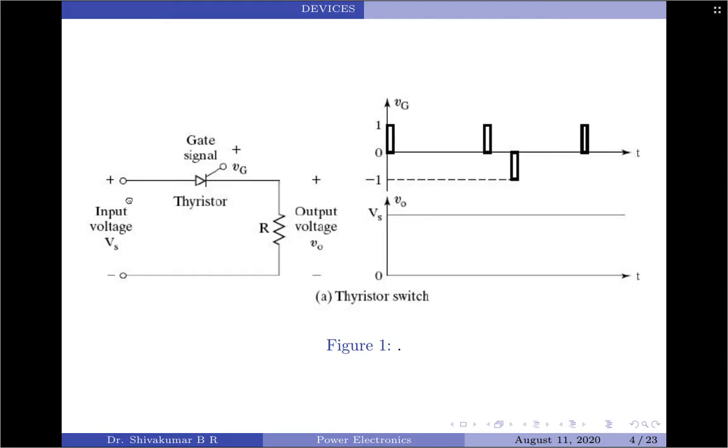So when you apply the DC voltage across the VAK, the thyristor will go into forward blocking mode. In the sense, out of the three junctions, junctions J1 and J3 of the thyristor are forward biased, but junction J2 is reverse biased, and it is expecting some gate voltage to be given across the gate to cathode terminals of the thyristor, and that is where the control voltage or the gate voltage comes into the picture.